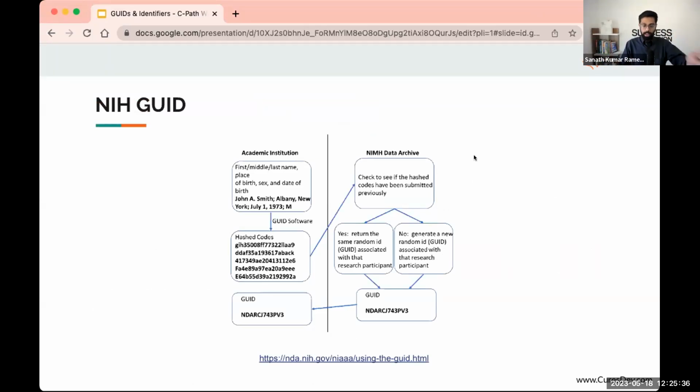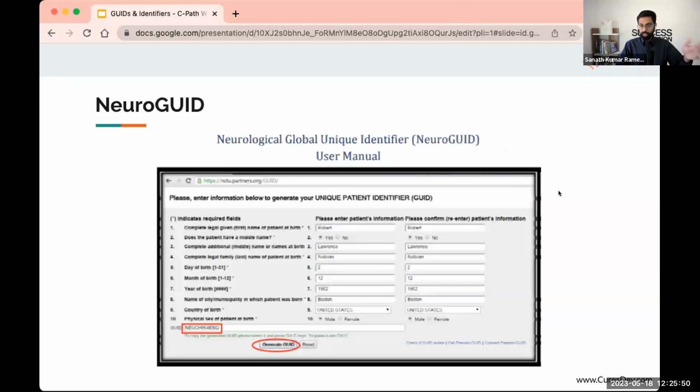But that's okay for the NIH GUID system because that's the kind of tolerance they have. But it might not be okay when you start scaling to a larger patient population. There's a NeuroGUID, which has taken the NIH GUID technology and adapted it to the Neurobank ecosystem.